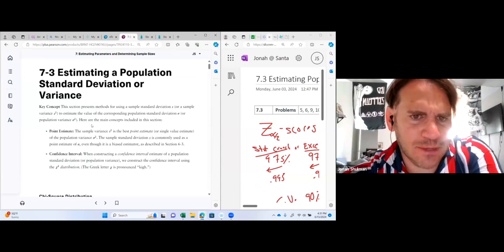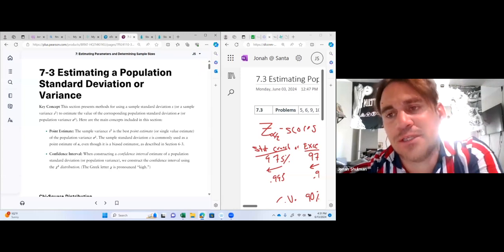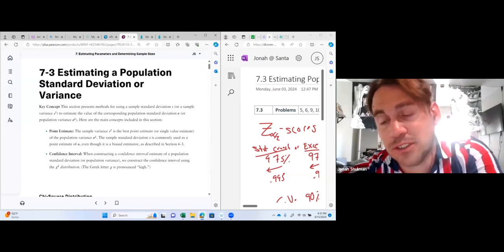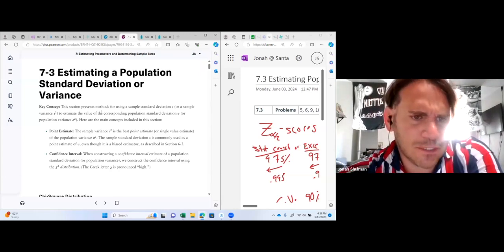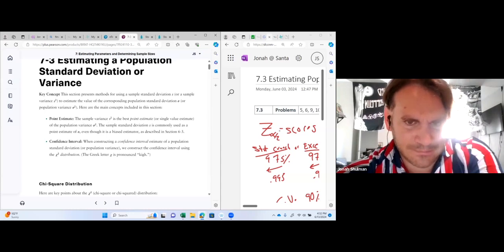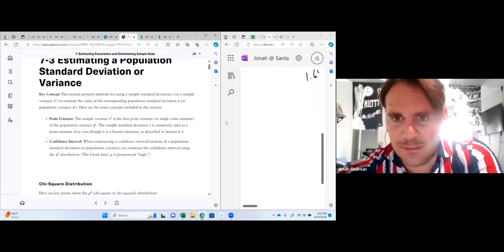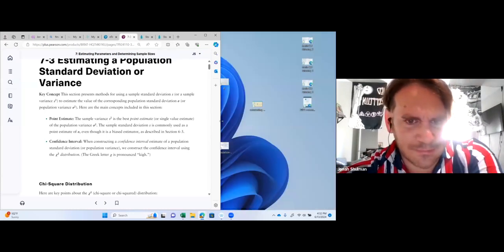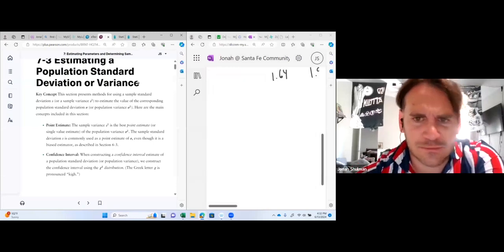This section presents methods for using a sample standard deviation to estimate the value of the population standard deviation. So last time we used the sample mean to get the population mean. Now we're going to use the sample standard deviation to get the population standard deviation. We've got the point estimate as last time. So for our point estimate for this one, it says we're using variance.